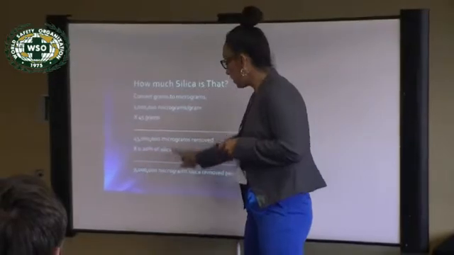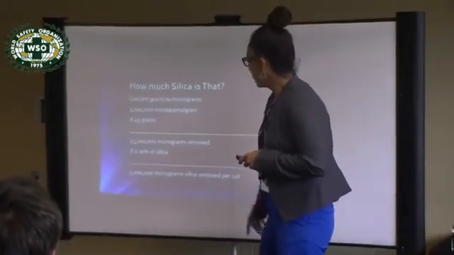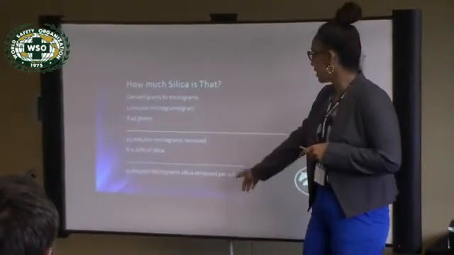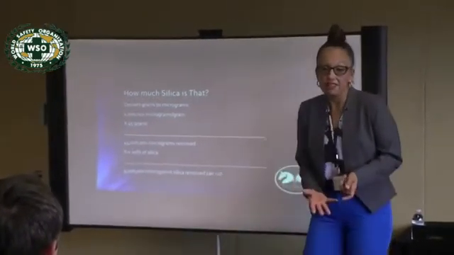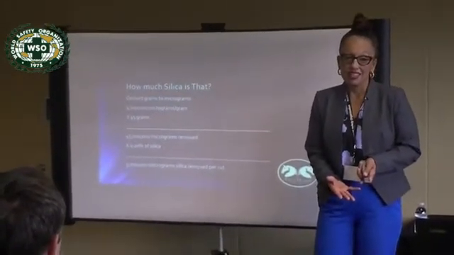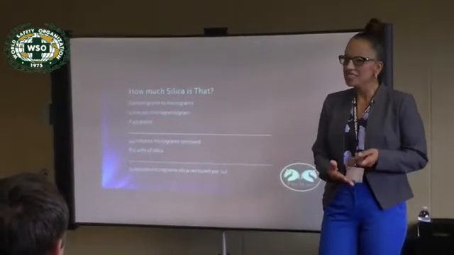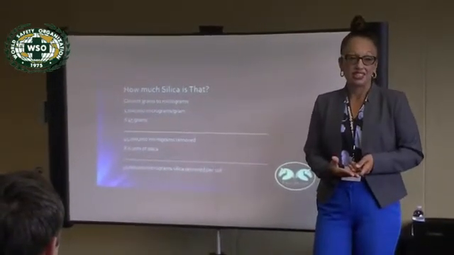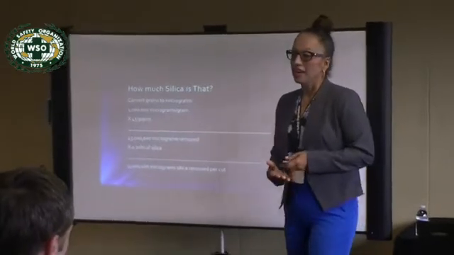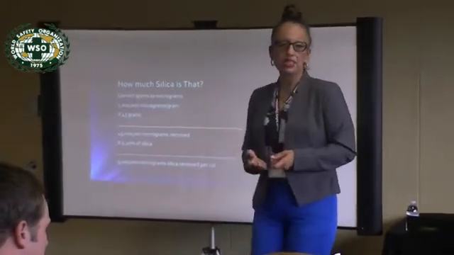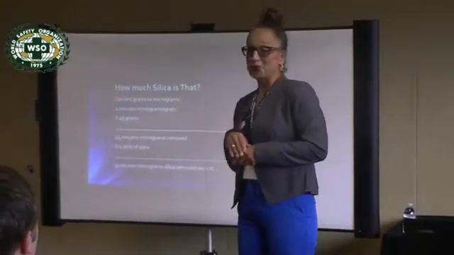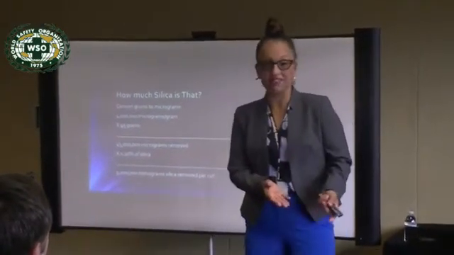So if you take 20% of the 45 million, it's 9 million micrograms of silica removed per cut. That's how much exposure you have. So this is an important regulation. Silica is there, we've dealt with it all, but you can't even see it, right?